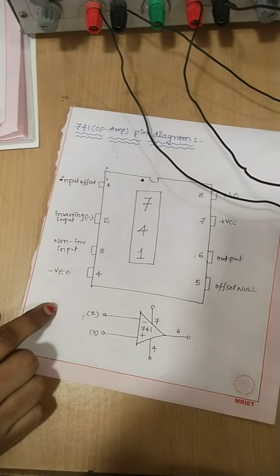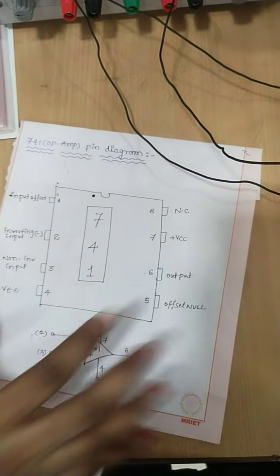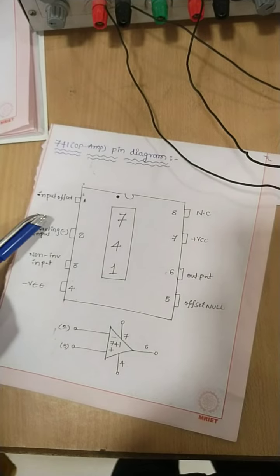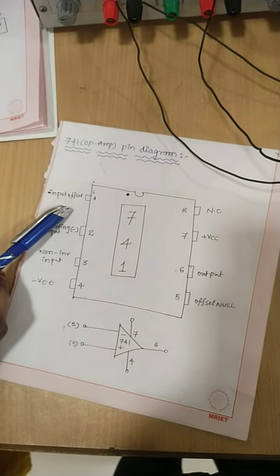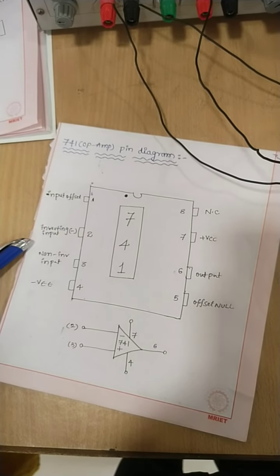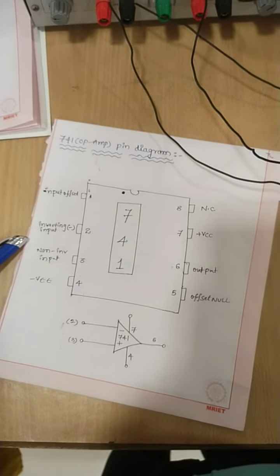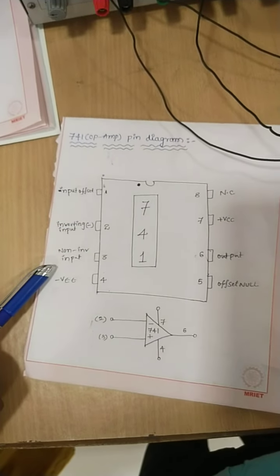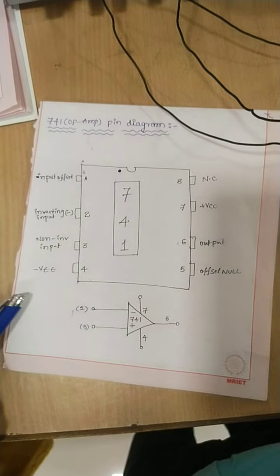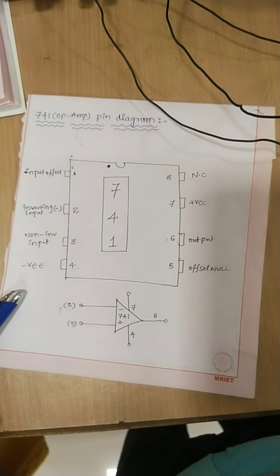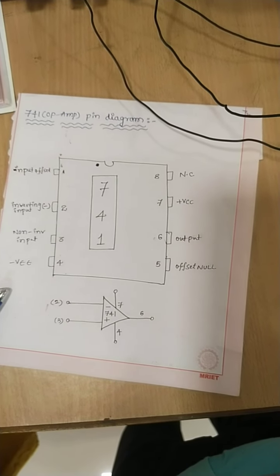So, we will have a look at the IC. This is the pin description of IC 741. Totally we have 8 pins. The first pin is input offset, and the second one is the inverting input, where we apply to the negative terminal. Next is the non-inverting input, which is given at pin 3, and at pin 4 we give the power supply of minus VEE voltage.